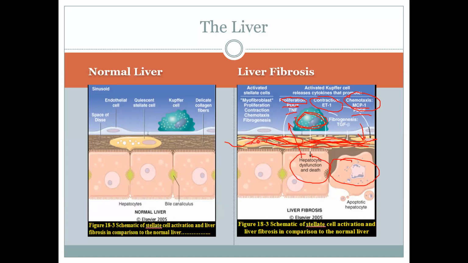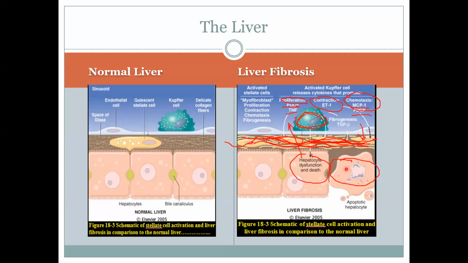As a result of all the processes I just mentioned, the end result is the filling up of the perisinusoidal space with contracting myofibroblasts that increase the pressure on the nearby sinusoidal space and prevent the hepatocytes from reaching the sinusoidal space, resulting in the death of those hepatocytes by apoptosis.